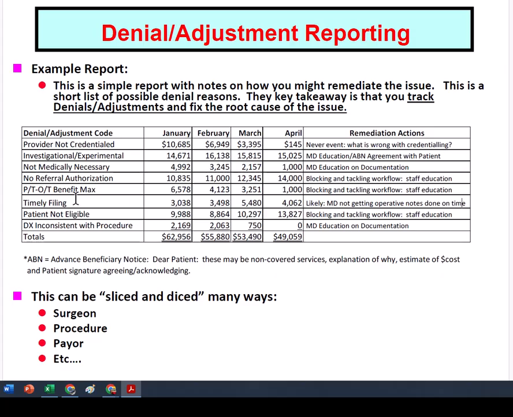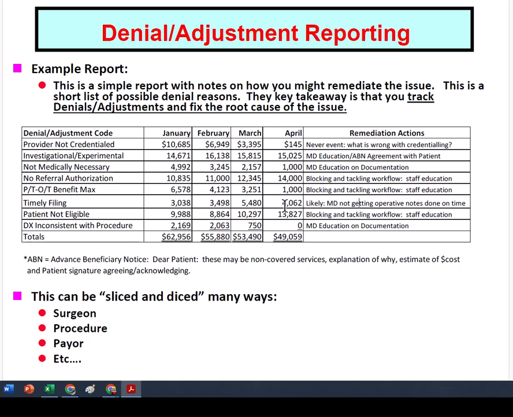Timely filing. So insurance companies, most of the contracts, with Blue Cross you have a year to bill. Medicare, you have a year. Like United, you have 90 days. So if we're getting denied because we didn't file in time, it's usually the physician isn't getting operative notes in time, and Dave is very upset.